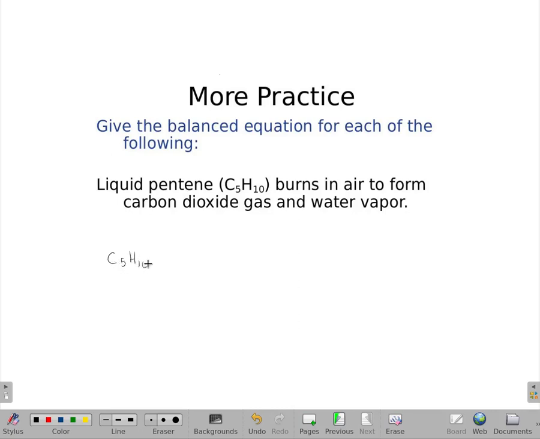All right, but if it were to burn in air, in this case, that is going to be O2. It is going to make carbon dioxide and water vapor. Carbon dioxide is definitely a gas. Water vapor, gas. Oxygen is the air, so it's a gas. And it does say liquid pentane.